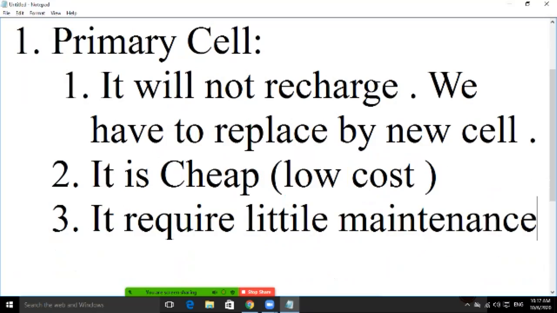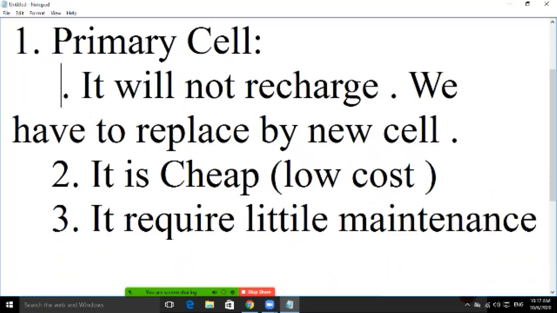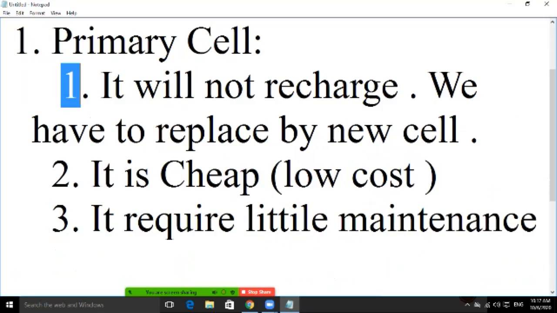So this is the reason we are using this primary cell. Okay? Does anyone have any doubt?